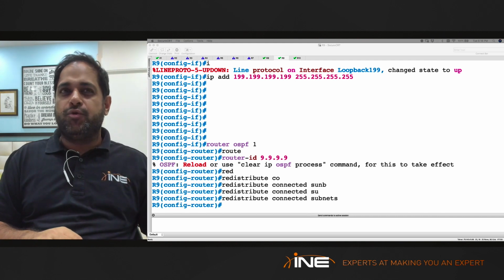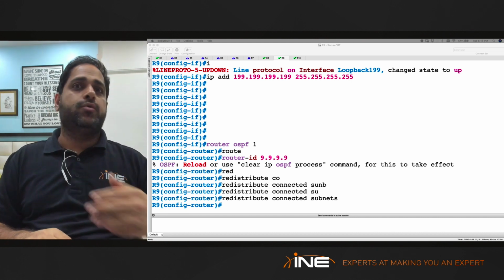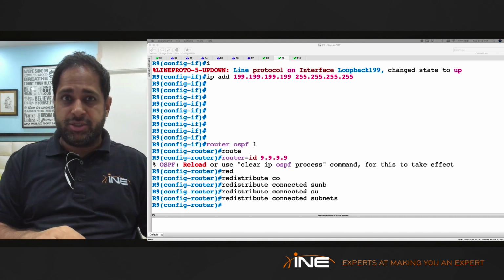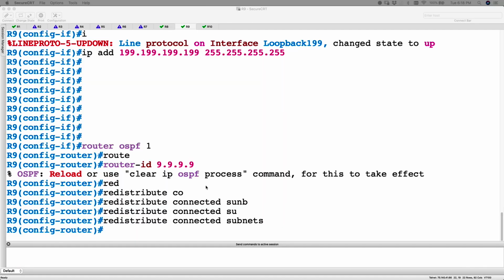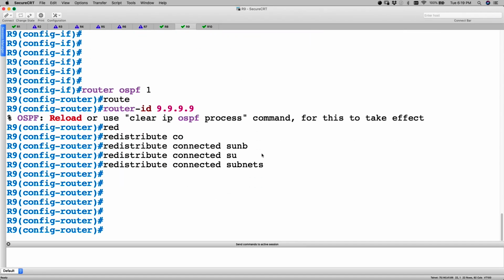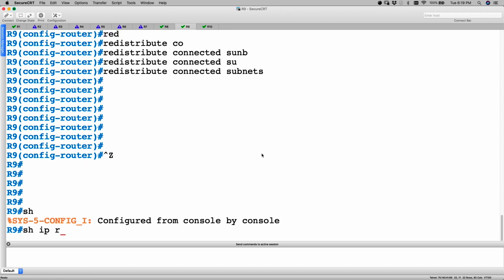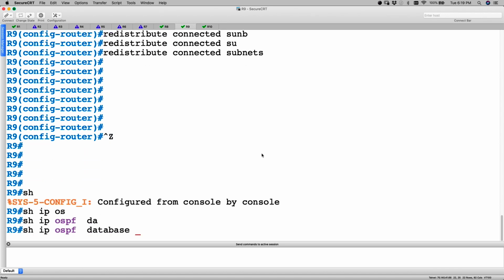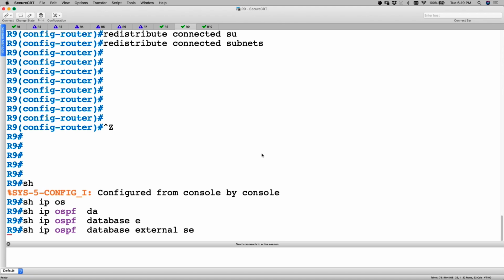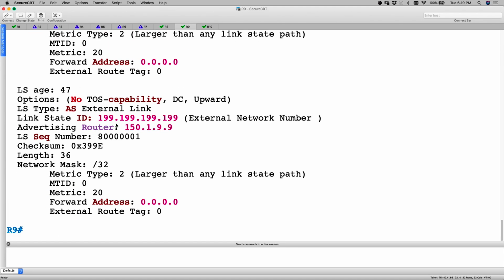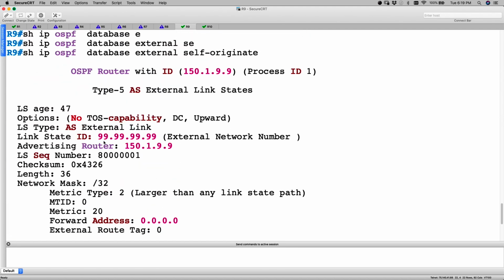If you remember, I told you that LSA 5 is advertised by the ASBR throughout the OSPF domain, and it remains unchanged. So if I go to router 9 and do a show ip ospf database external self-originate, you would see that router 9 is advertising 99.99.99.99 in OSPF.